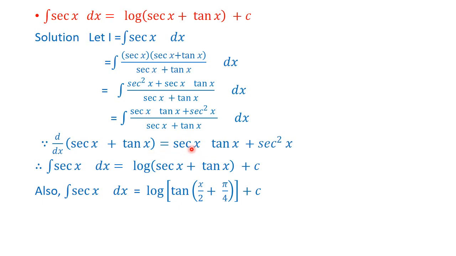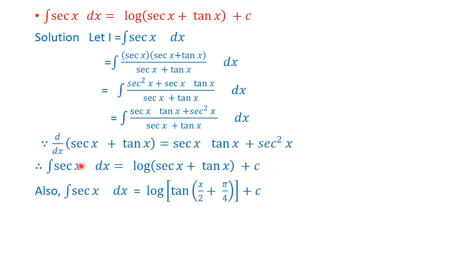Therefore, taking the reference of the corollary, integration of f dash of x by f of x dx is equal to log of f x, that is log of sec x plus tan x. So integration of sec x dx is equal to log of sec x plus tan x plus c.